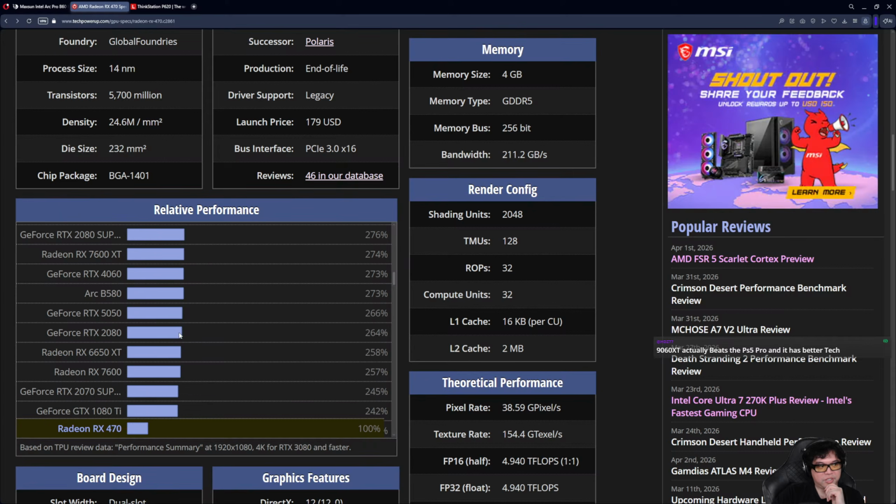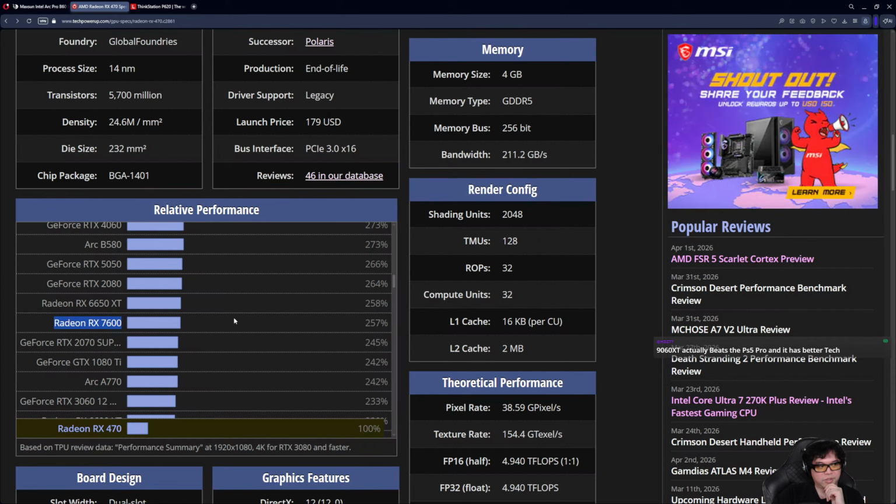So the 7,600, right around here. 155% faster than a PS4 Pro. So PS5 is so much faster than a PS4 Pro. I have to think about how to estimate this. So that's 150%. I'm just going to say 150%.